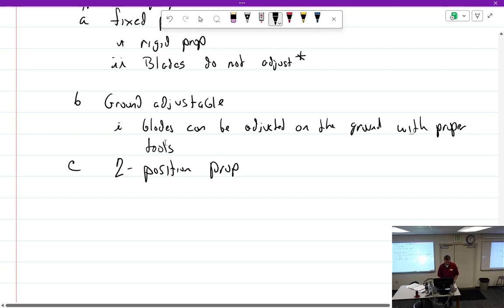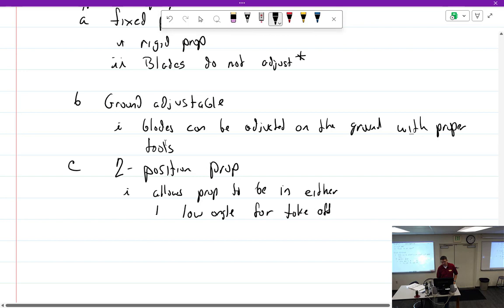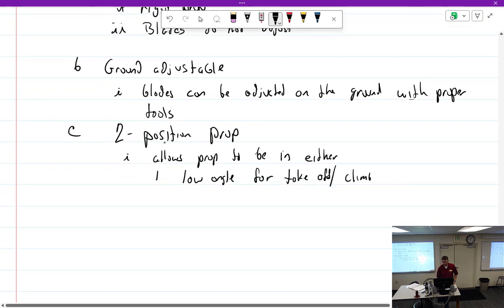So that allows the prop to be in either low angle, for climb or takeoff, or high angle for cruise.